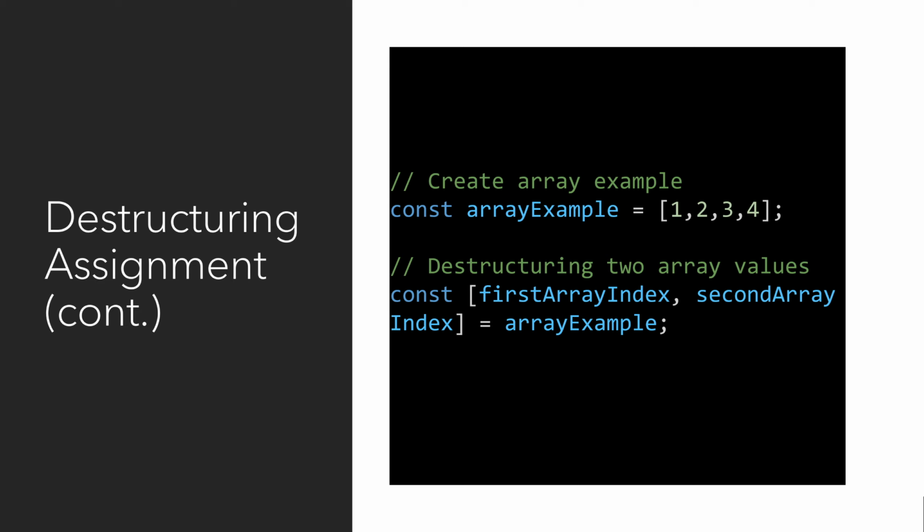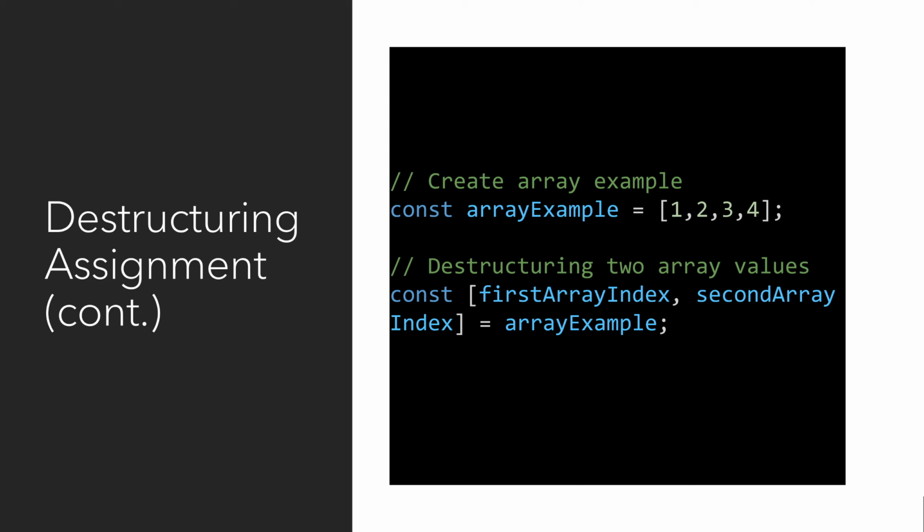Notice this is the reverse syntax of assignment. The first line, array example, the name of the variable, is set to the array 1, 2, 3, and 4. On the second line, this syntax is reversed and it is destructured using assignment, where first array index becomes the value 1 and second array index becomes the value 2, enclosed in square brackets, and is equal to array example.